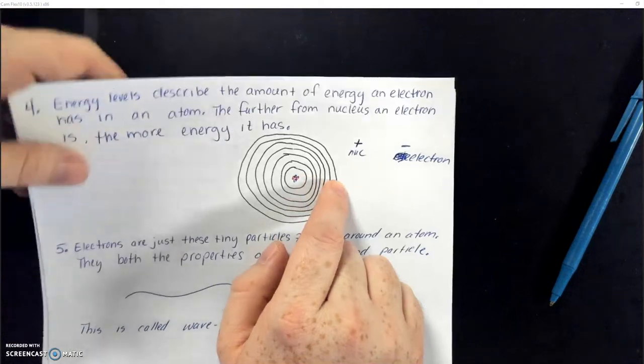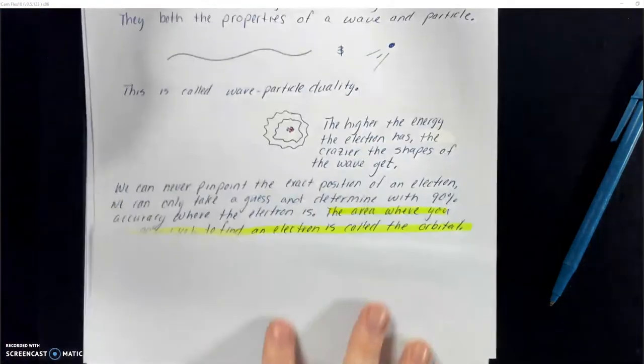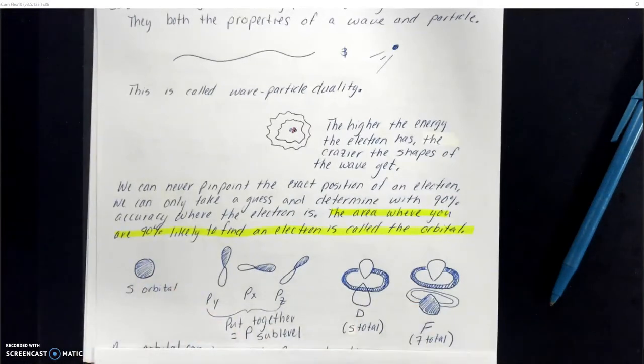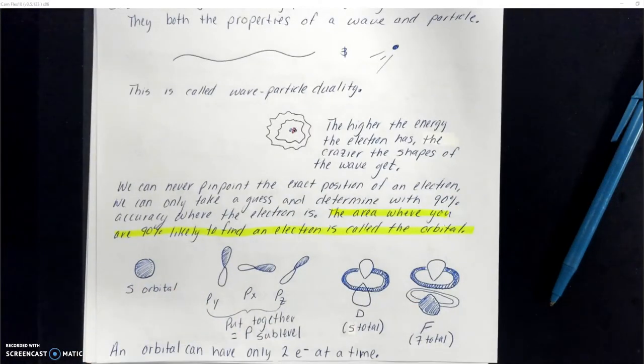And so as we get to these higher rings, or waves I should say, their shapes get more complicated. Now each orbital can occupy no more than 2 electrons at one time. That's called the Pauli exclusion principle.